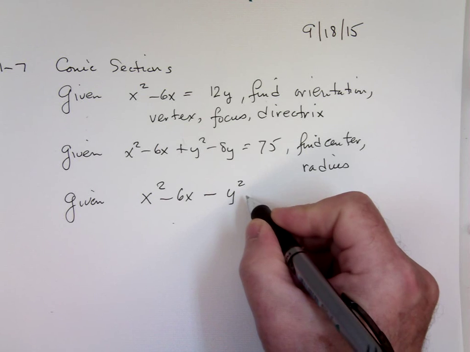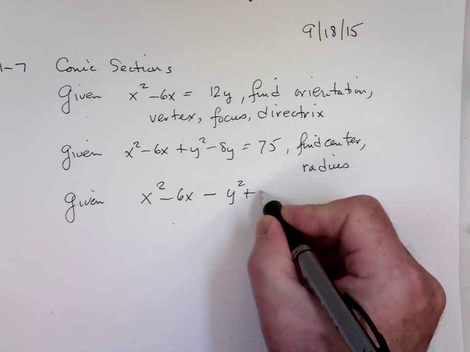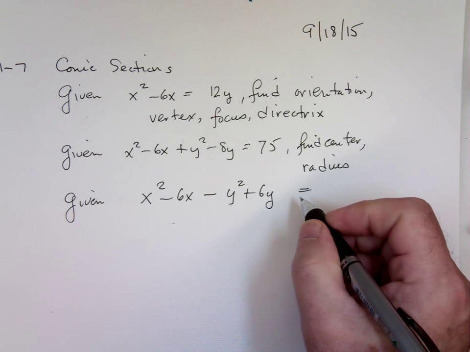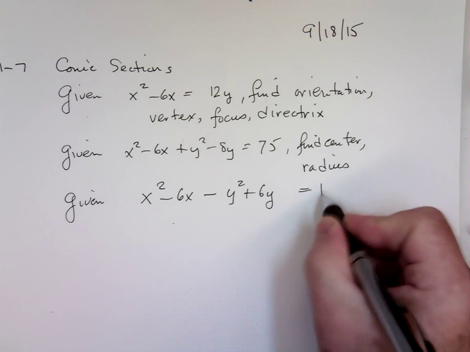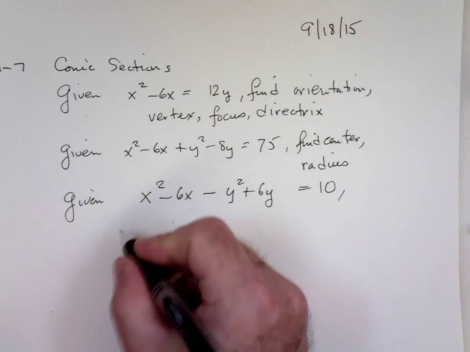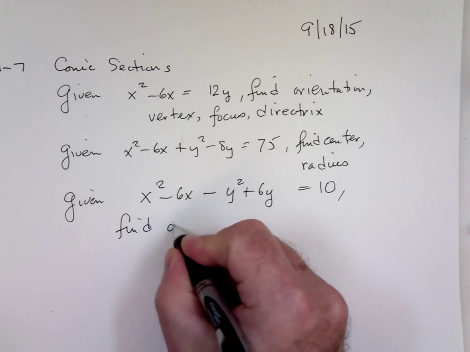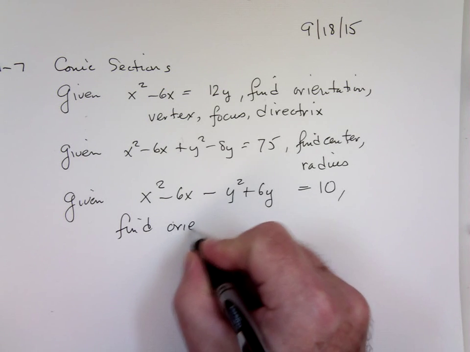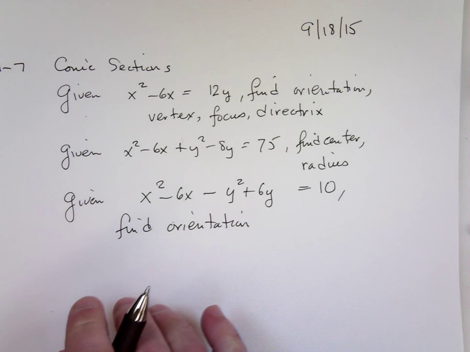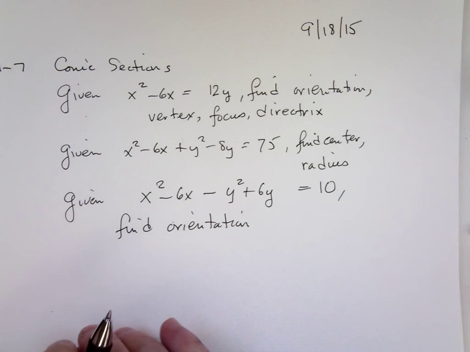I would give you something like this. Ooh, this one's nasty, though. All right, here we go. I'm just going to make this up. I'd ask for the orientation and the center. Now, orientation on this hyperbola is either left, right, that's one choice, or up, down.